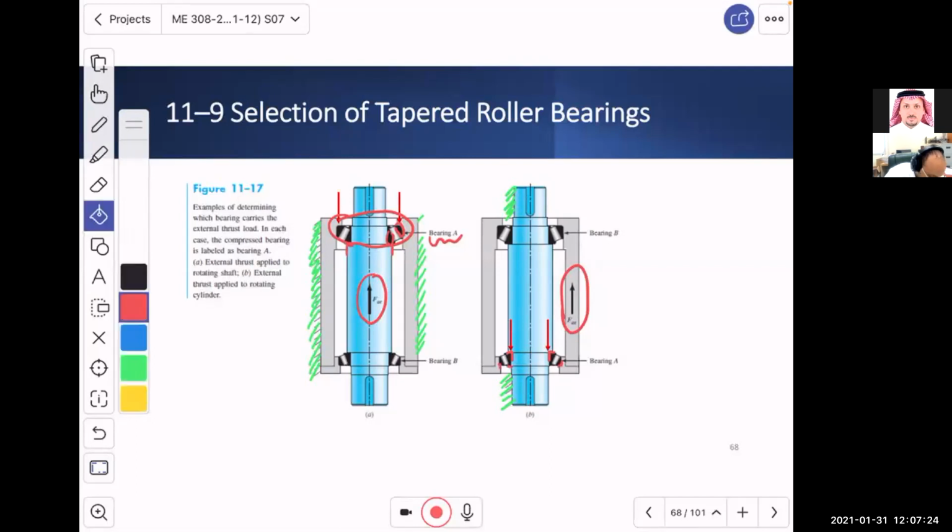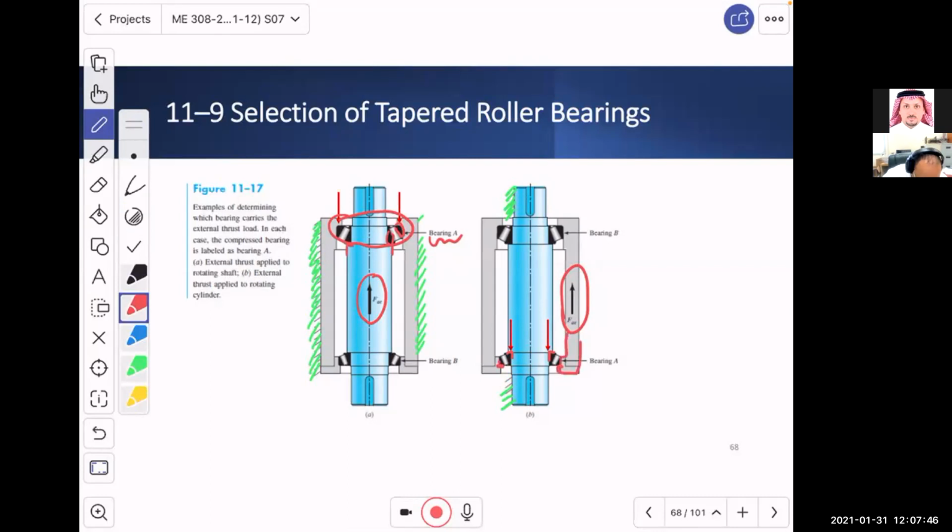Sorry, let me clean this up from here. You see, the cup over here is also being pushed by the entire casing. Do you see that?